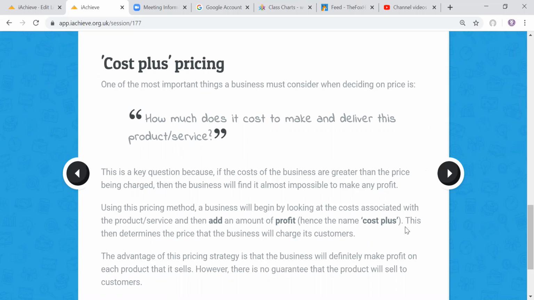The advantage of this pricing strategy is that the business will definitely make a profit on each product that it sells. However, there is no guarantee that at this price, the product will actually sell to its customers. So that is cost plus pricing.